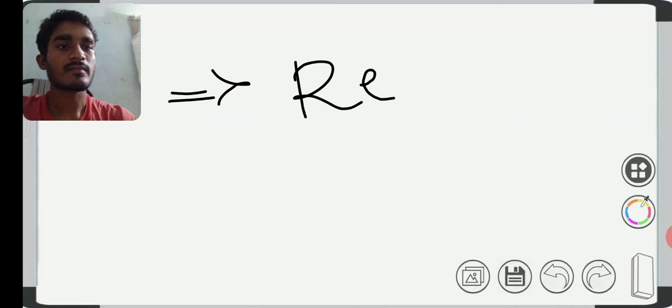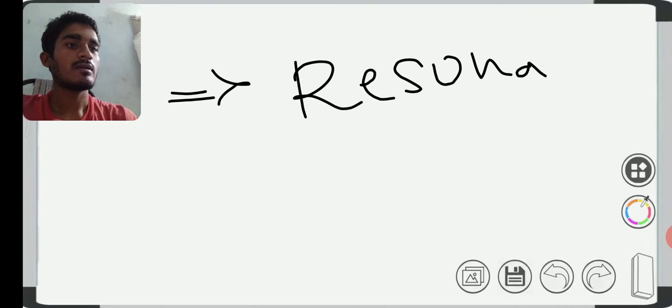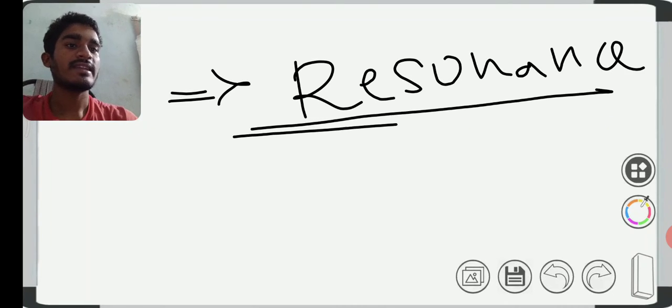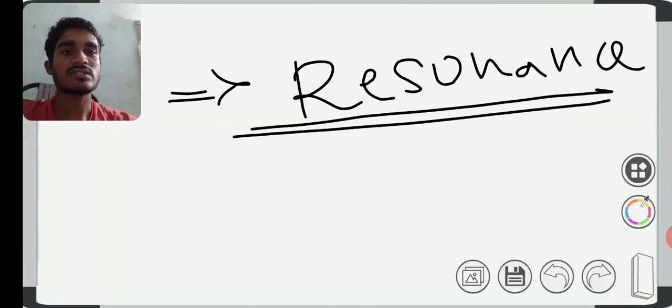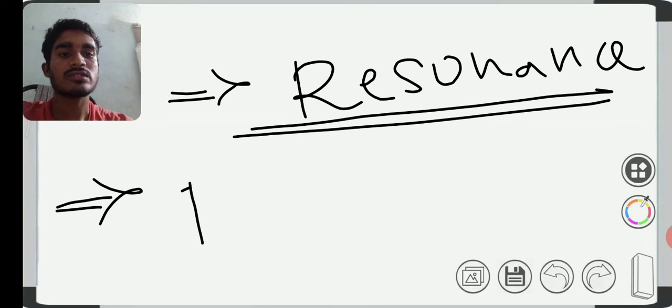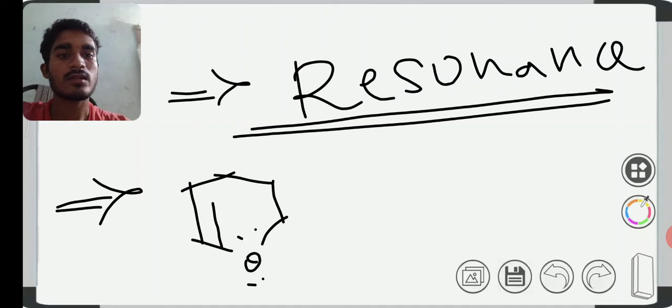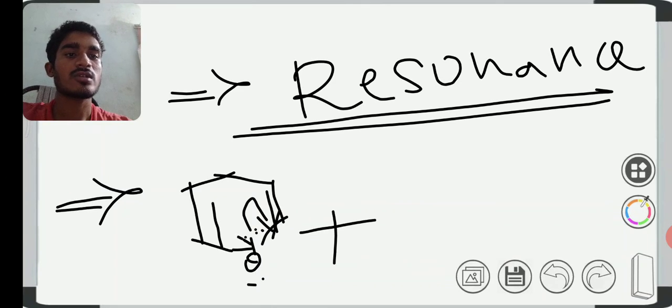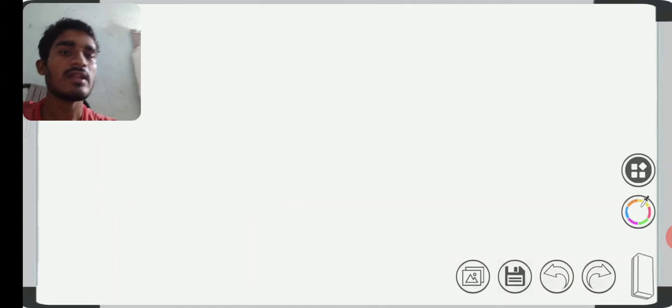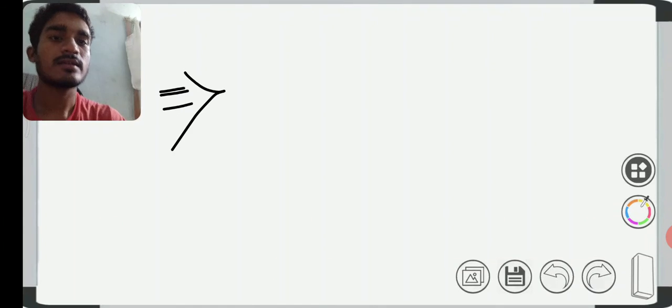Next, resonance. Resonance means the delocalization of pi electrons in the cyclic form. Now we see an aromatic example, the furan here. The lone pair electrons go to this side, so it will form a bond and here carries a positive charge. Now we see in detail.